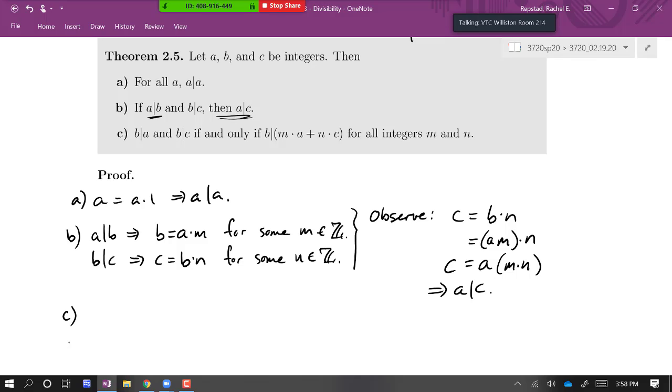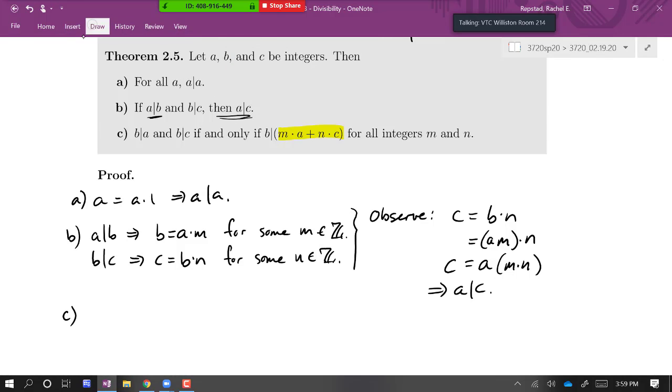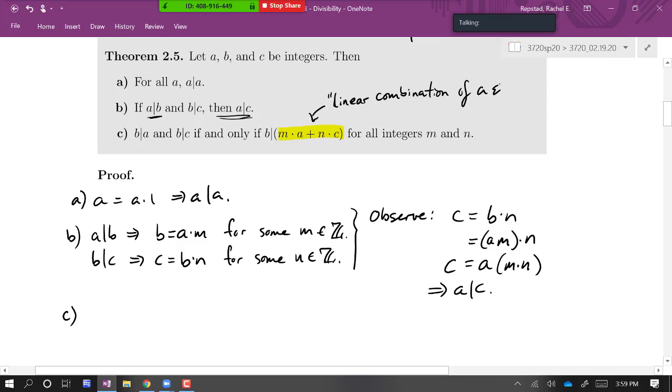If B divides A and B divides C, so B as an integer divides two other integers, A and C, B divides A and B divides C if and only if B divides MA plus NC for all integers M and N. So what that means is this expression right here, MA plus NC, we call that a linear combination of A and C. So B divides A and C individually if and only if it divides every linear combination of A and C.